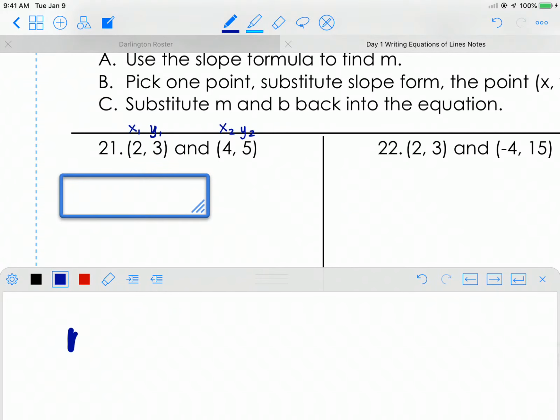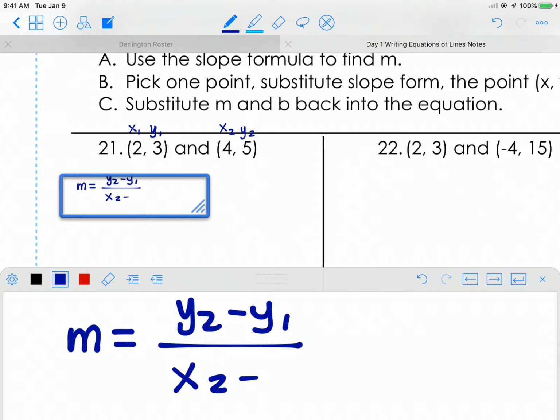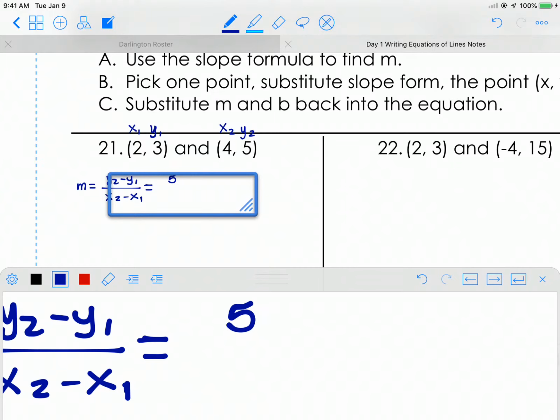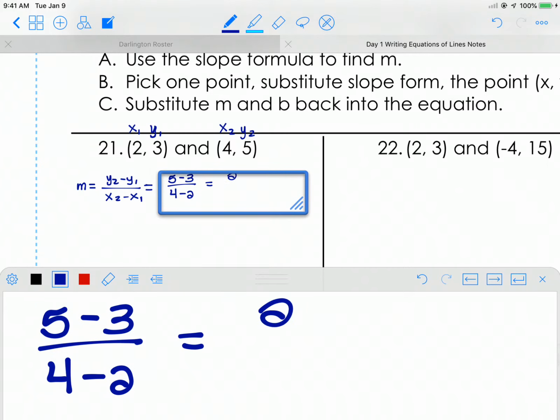So m equals y2 minus y1 over x2 minus x1, which equals, okay, so we're going to take our values now: 5 minus 3 over 4 minus 2. We get 2 over 2, which means the slope is 1.